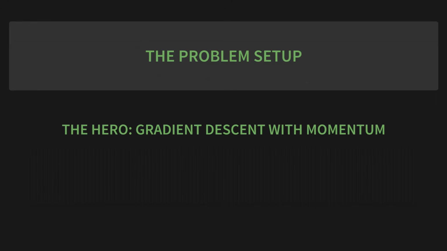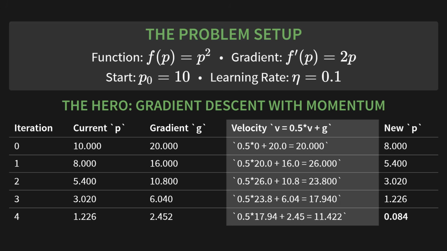Now, let's see what a difference this makes in our table. Same setup. Iteration 0. P is 10, gradient is 20. The old velocity was 0, so the new velocity is simply 0.5 times 0 plus 20. Our new P is 8. So far, so good. But look at iteration 1. We're at P equals 8. The gradient is 16. The new velocity is 0.5 times our last velocity, 20, plus the new gradient, 16.